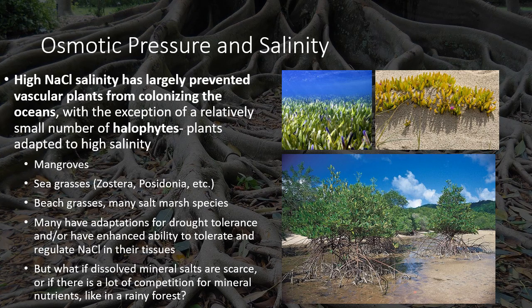Forests are full of plants, they're all competing for nutrients, and the rain can dissolve those nutrients and wash them away or leach them down into the soil to a depth where plant roots can no longer reach them. So often there's pretty intense competition. So plants have to have different adaptations in their root systems in order to be able to compete.